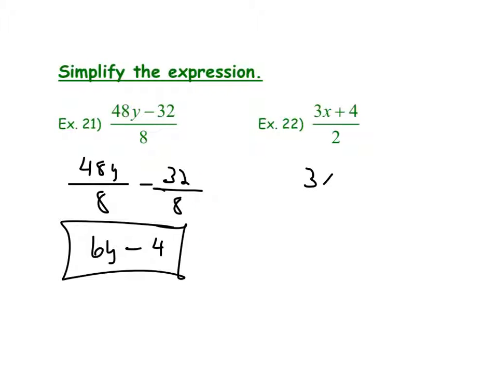So I'd take 3x, put that over 2, plus 4, put that over 2, common denominator, and then I'm going to simplify this. So the way you would simplify 3x over 2 is you would actually bring the 3/2 out in front and then put the x next to it. So that's the same thing as 3/2 x plus 2.